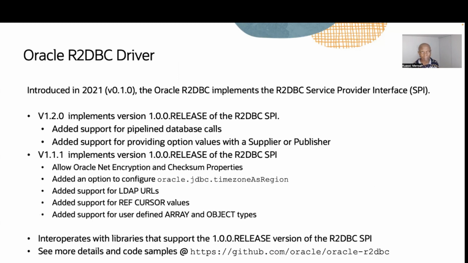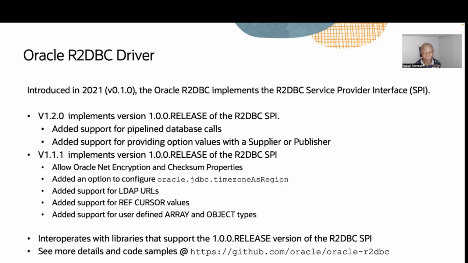R2DBC is a de facto standard for reactive streams programming across different vendors. All database vendors have an R2DBC driver. The Oracle R2DBC driver is our implementation of the R2DBC SPI. As we speak, we have released version 1.2.0, which implements the 1.0.0 release version of the R2DBC SPI.